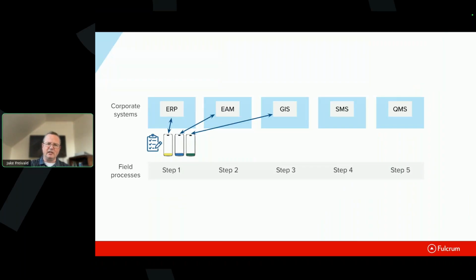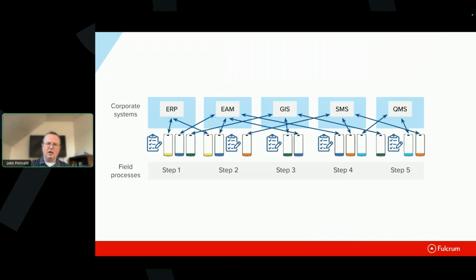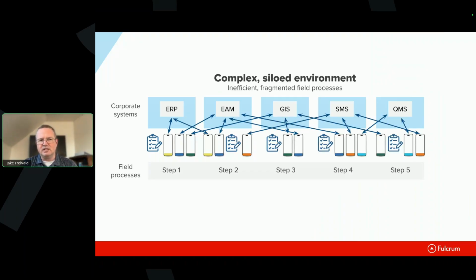We talked about having the multi-step process here for the field team. Each of these steps in the field process is collecting information and pushing information to and pulling information from different platforms.